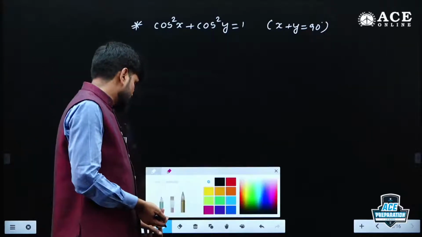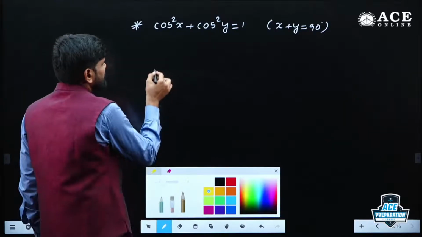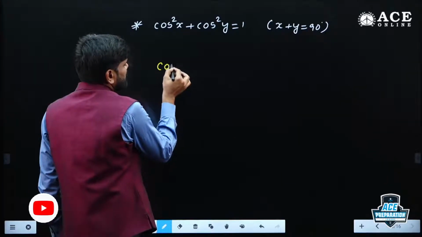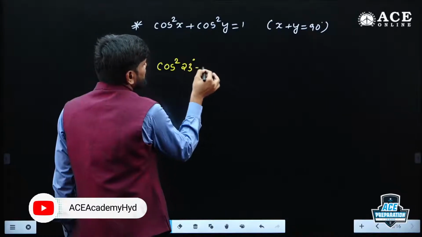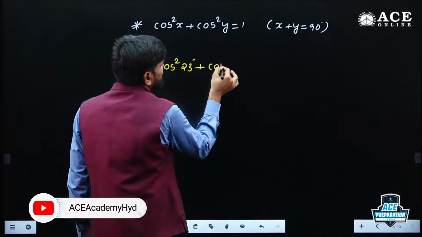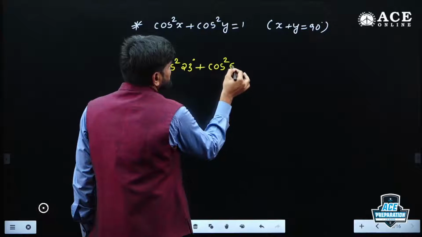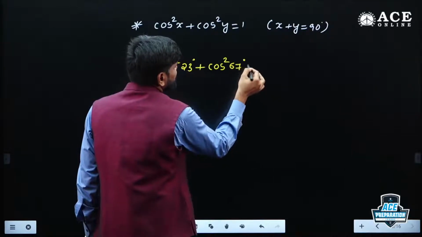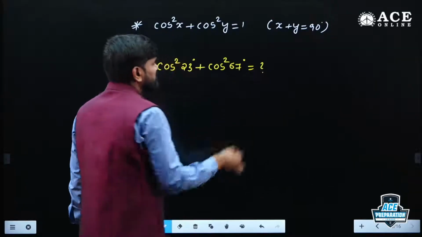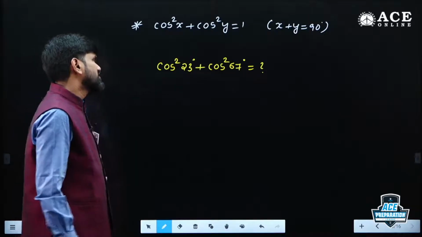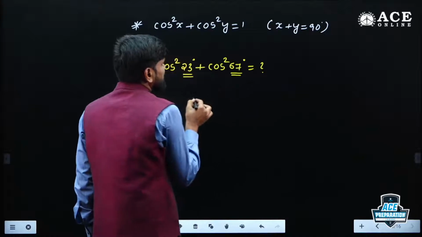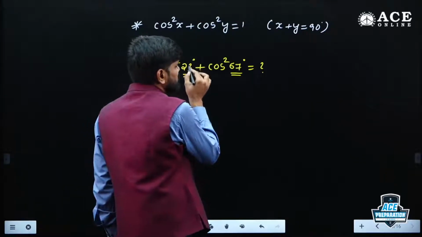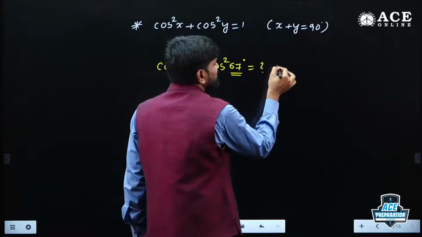If you take an example here, cos square 23 degrees plus cos square 67 degrees is equal to how much? Here x and y together are adding up to 90 degrees, hence I can confidently say that cos square x plus cos square y is equal to 1.